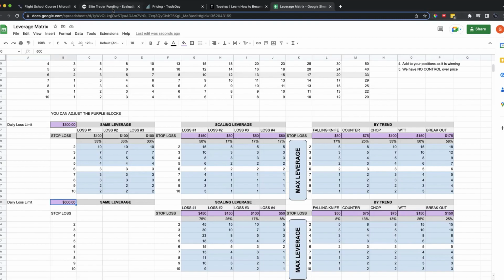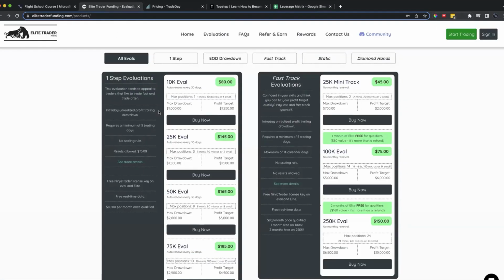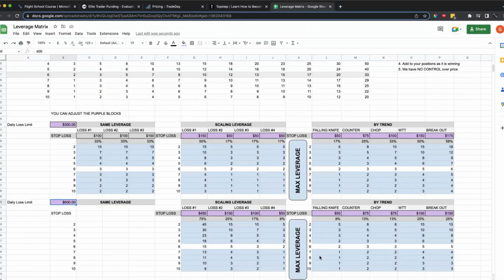So think about that in your trading: how many days in a row would I be willing to have the max loss before I blow my account? And the problem is you'll get in here and let's say we were doing this 50,000 where it says you can trade 80 micros. I don't have anywhere near 80 micros. My biggest is 15.